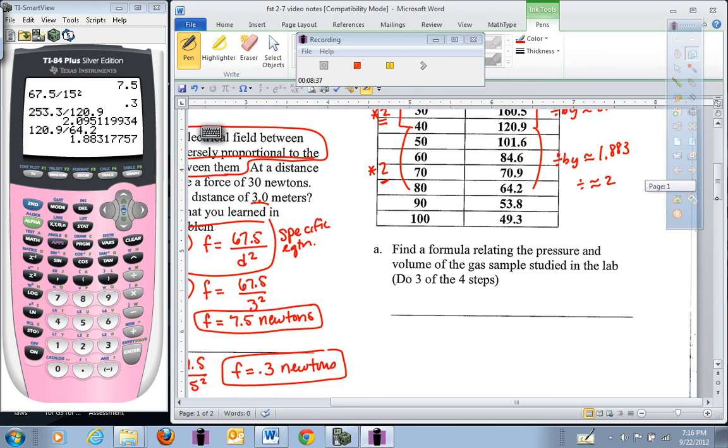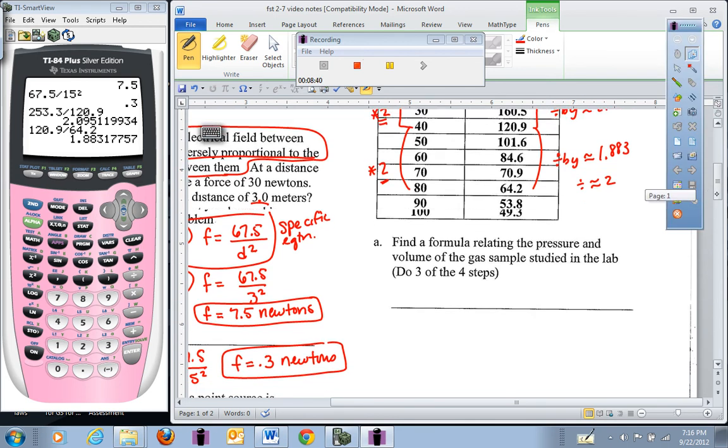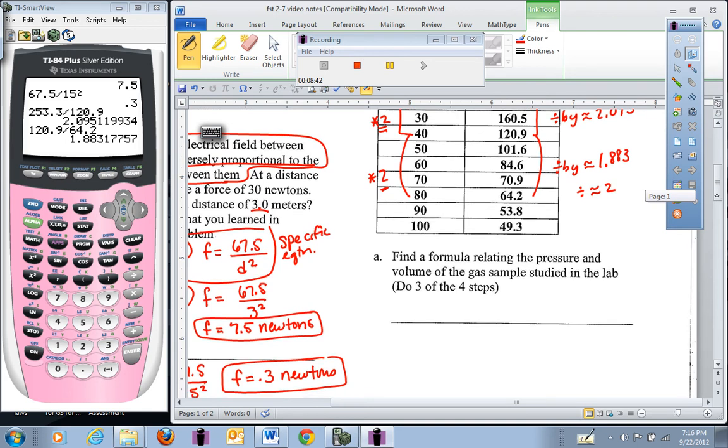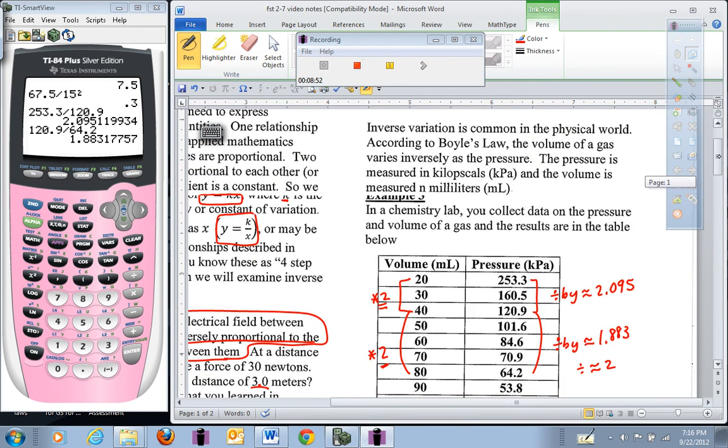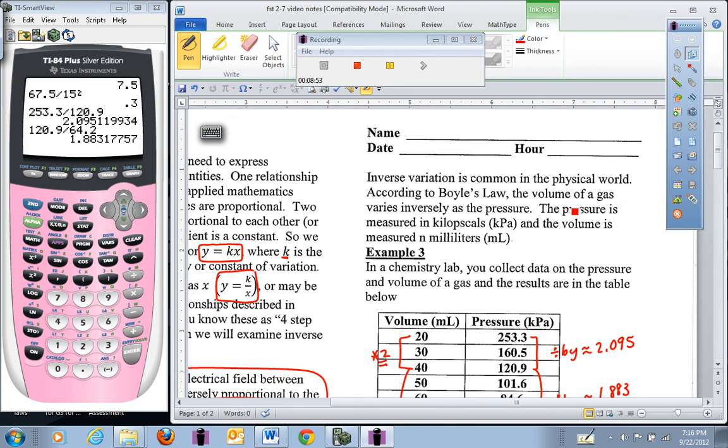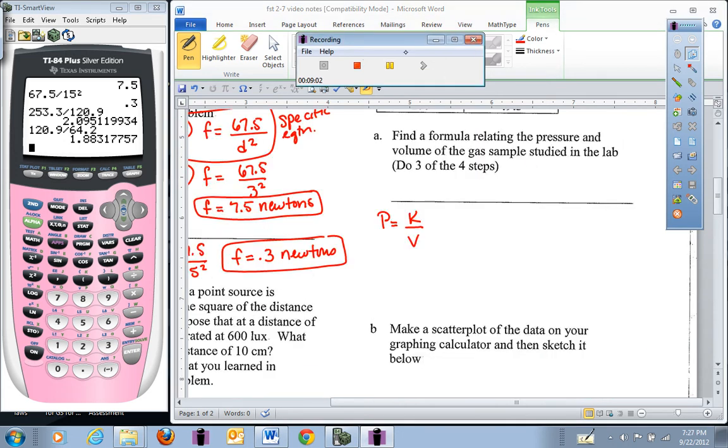So to find our formula, what we would have to do is pick one of those relationships to look at. We know that the pressure is going to vary inversely as the volume, and I think that was part of what was told up here. So what we can do is use any ordered pair. I don't know if you remember that from last year, but use any ordered pair.